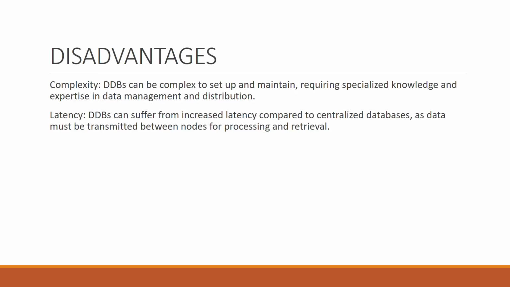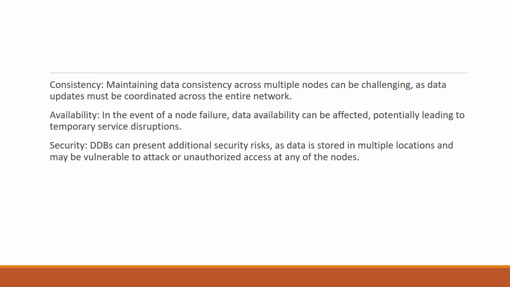Latency is also a big issue, because you have to transfer data across nodes for processing and retrieval. This sometimes leads to excess time taken. Then consistency is also an issue, because it's very tough to maintain data across all these nodes. Then we've got availability.